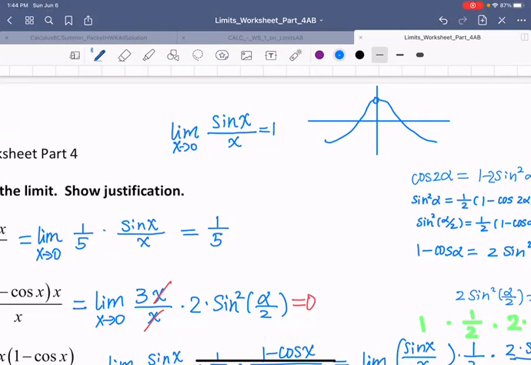The real way of calculating the limits is called L'Hospital's rule. We haven't learned L'Hospital's rule, but I can quickly introduce a little bit. L'Hospital's rule is a very powerful tool when you want to do limits. If you have the form 0 over 0, you take the derivative of the numerator, which goes to cosine x.